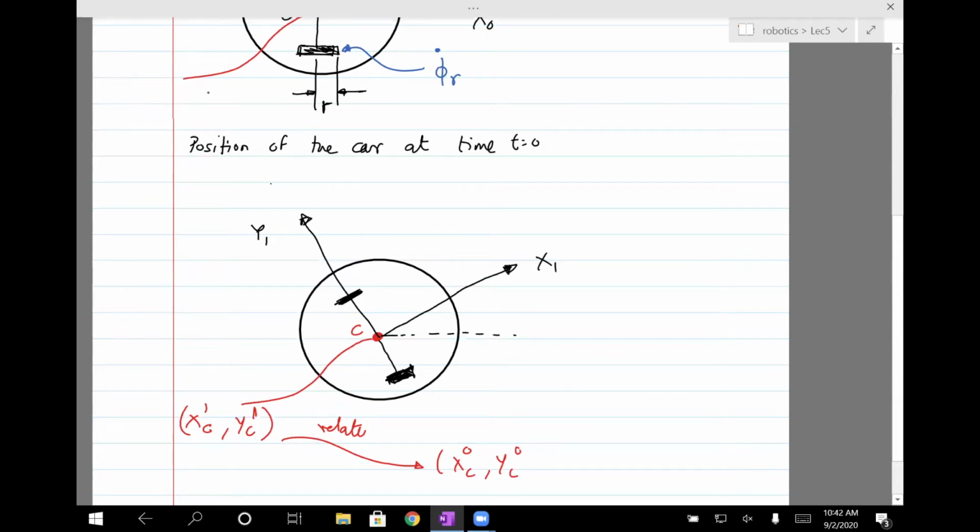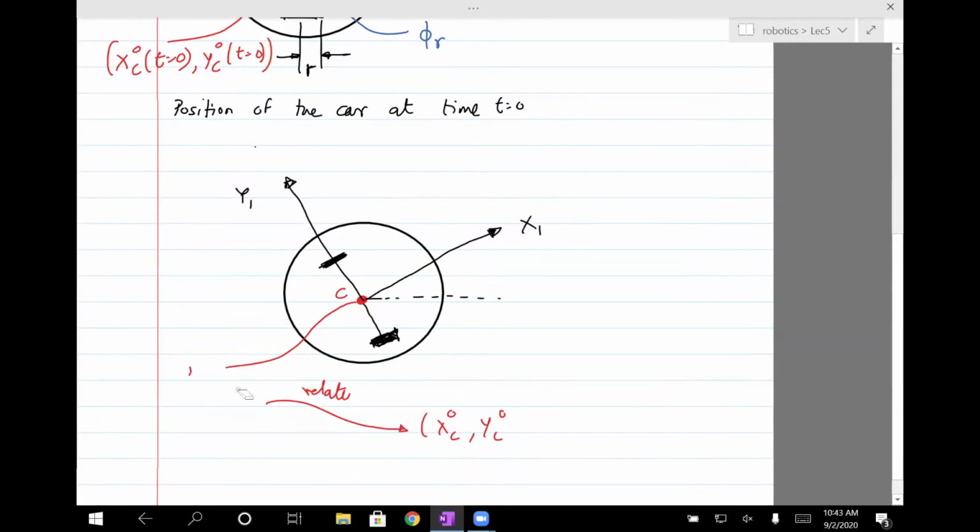This position here, which I drew, was actually xc0 at time t equals 0, yc0 at time t equals 0. Okay, and this position which I drew over here, so let me rewrite this, is actually at a different time. So xc1 at time t, yc1 at time t. And then you can actually relate that to xc0 at time t, yc0 at time t using the rotation matrix, and I'll get to that in a bit.